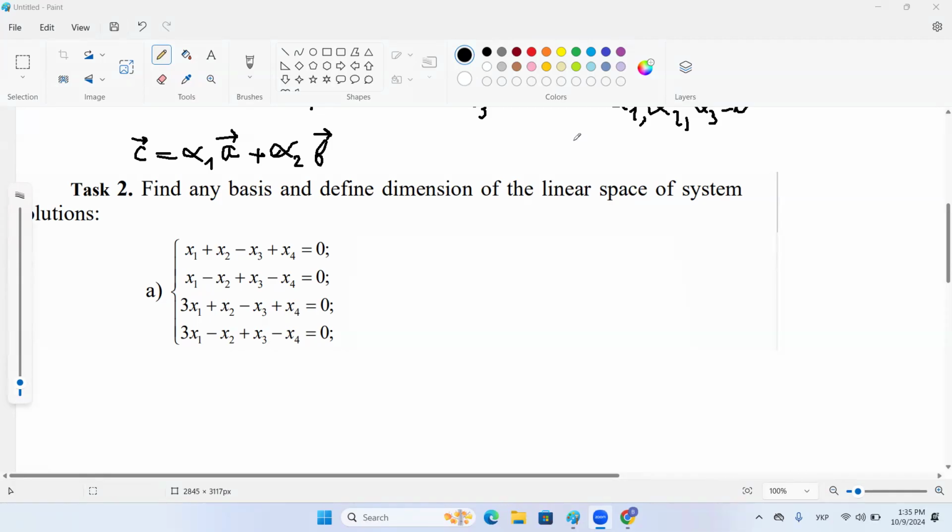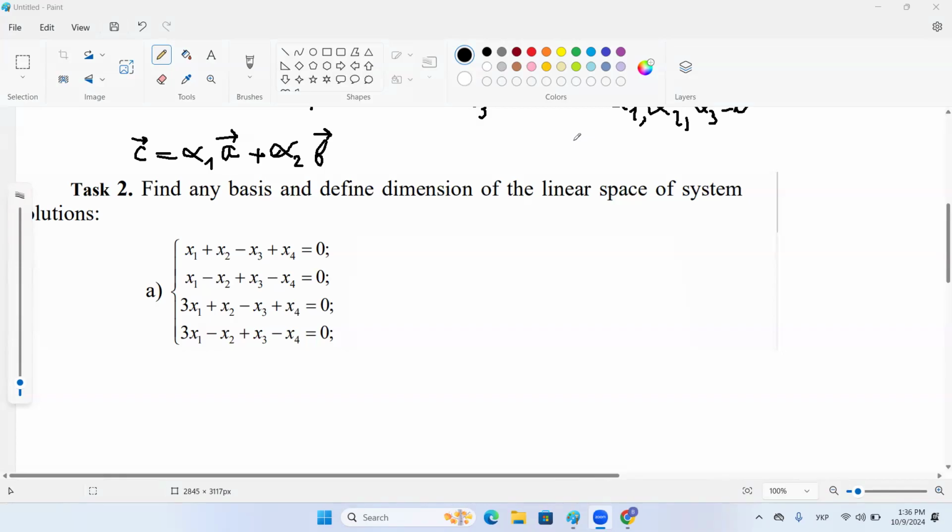Yeah, it will be convenient to use the Gaussian method, of course. You mentioned the correct steps.